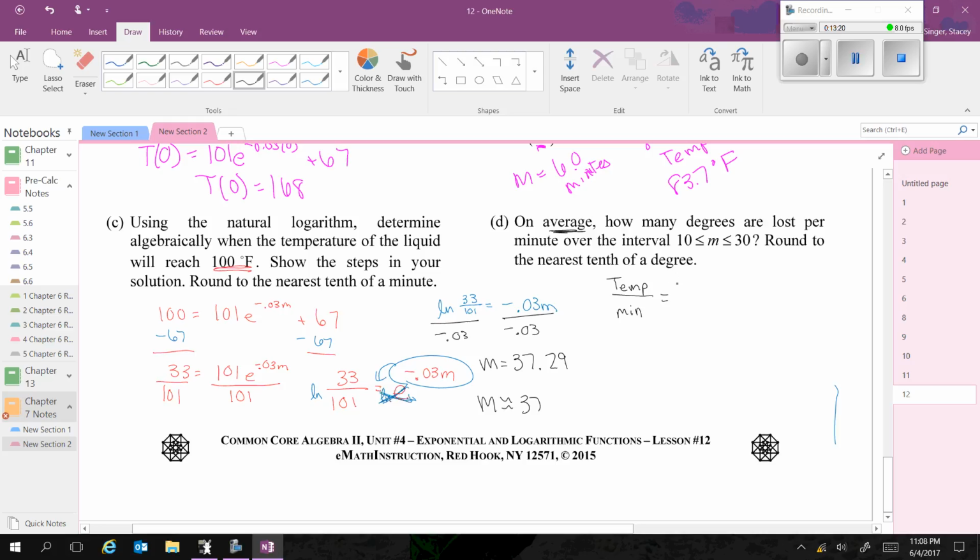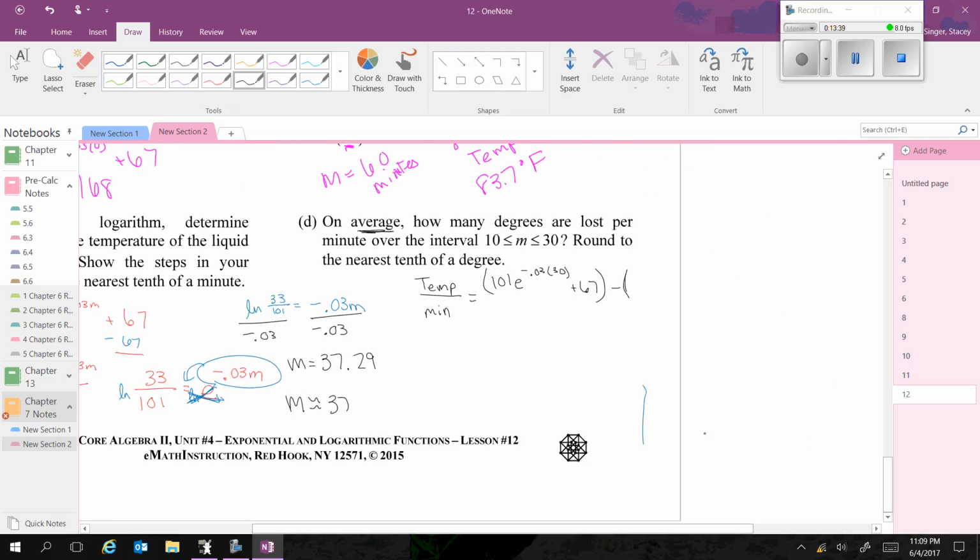I'm going to plug in 30 into my equation. 101 times e raised to negative 0.03 times 30 plus 67 minus 101 times e raised to the negative 0.03 times 10 plus 67, all divided by 30 minus 10.